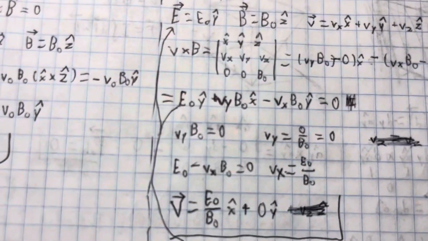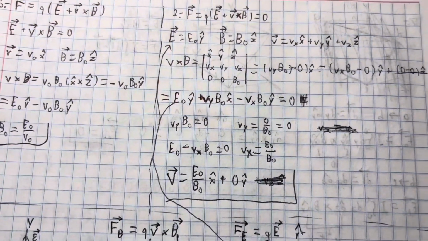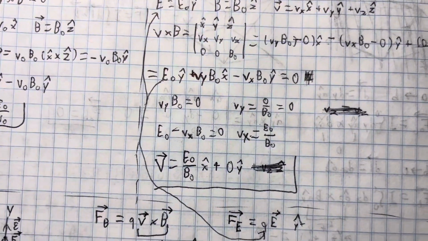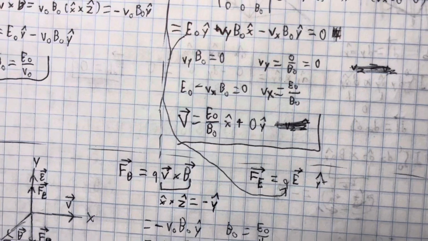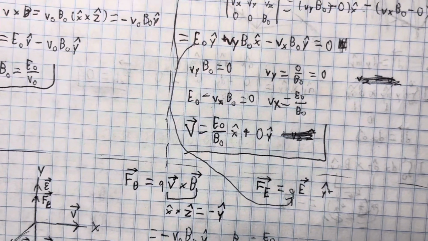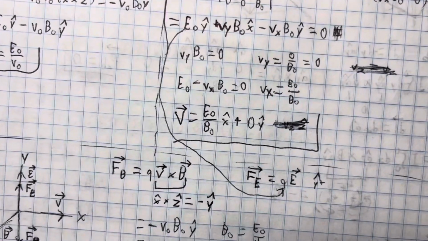Then we match each vector component. So then we can solve for the velocity and get the final formula: velocity equals the electric field over the magnetic field, in the x vector.